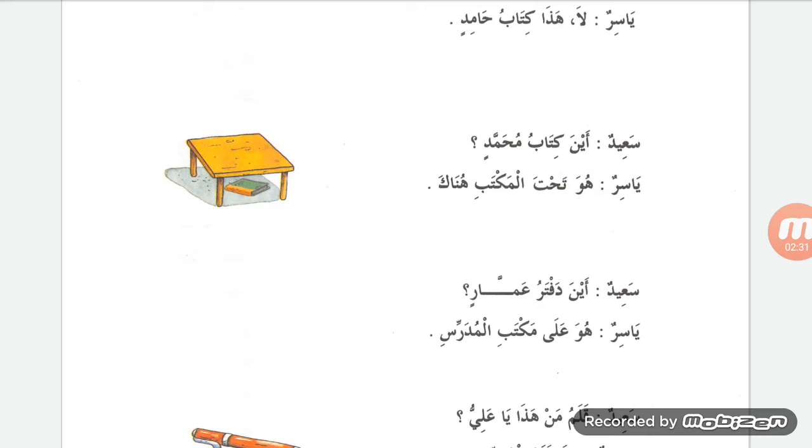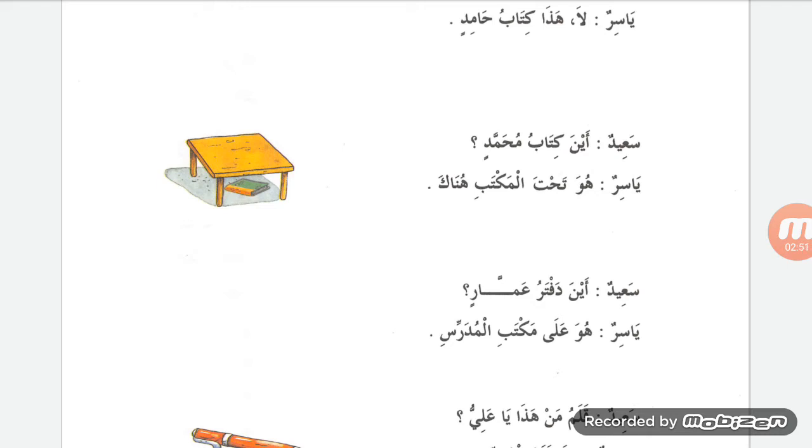Here, if it's a singular noun, name, normally it will end with a kasra. So here let's have a look. Kitabu Hamidin. The item that is possessed is the book. Who is the possessor? Hamid. So Hamid, the possessor, will be majroor.